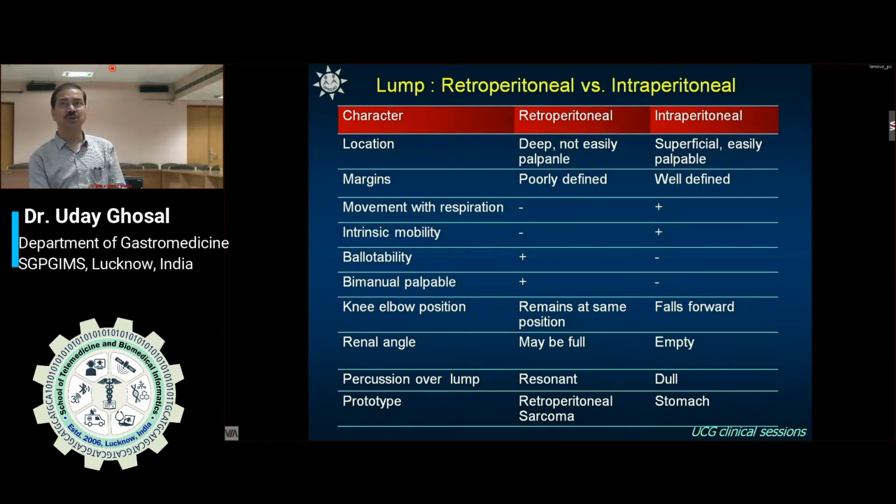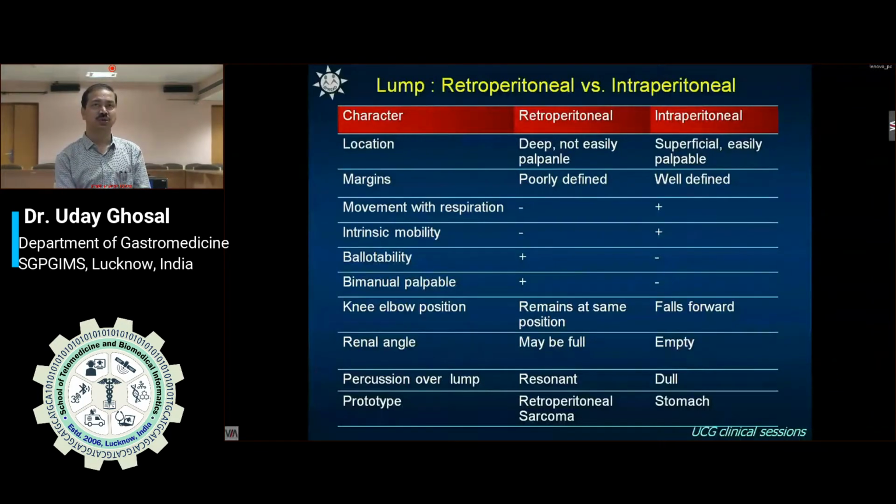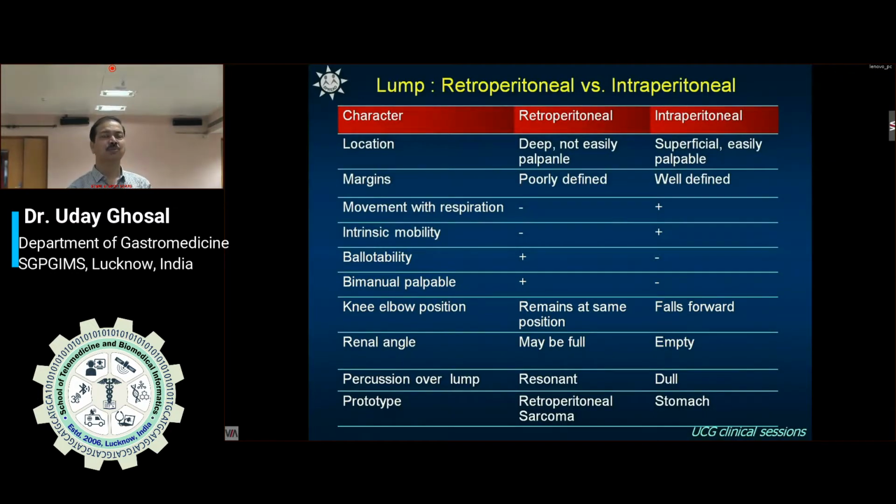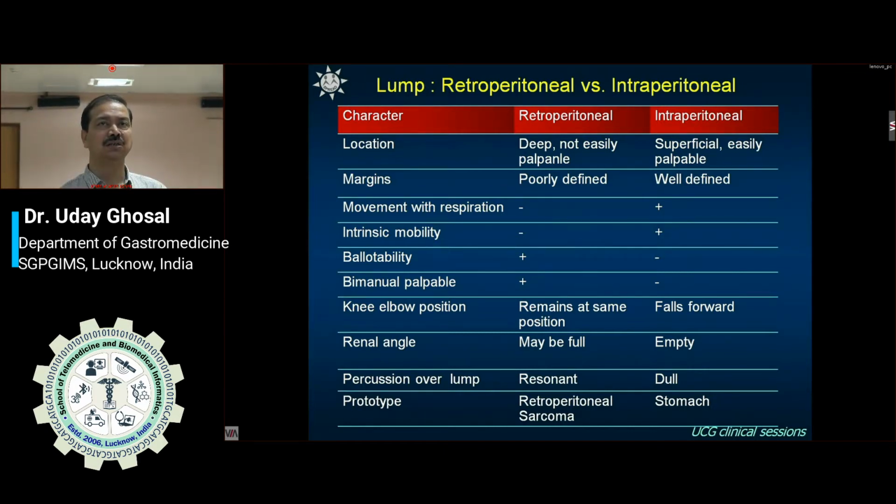Movement with respiration, intraperitoneal lump often moves with respiration. Retroperitoneal lump may not move with respiration. Exception are kidneys. Kidneys are retroperitoneal lump, but they show some degree of movement with respiration because we all know kidneys are inside the fossa of Gerota, and the fossa of Gerota is connected to diaphragm by phrenorenal ligament.